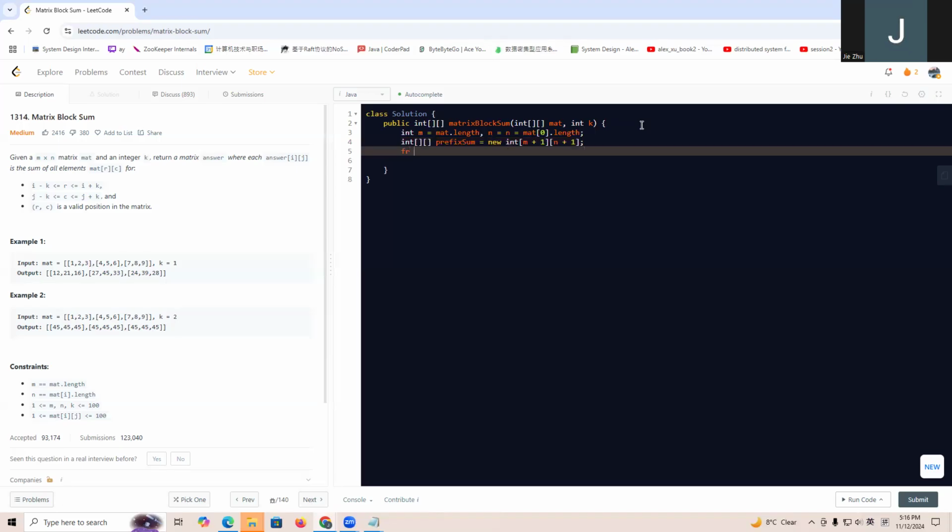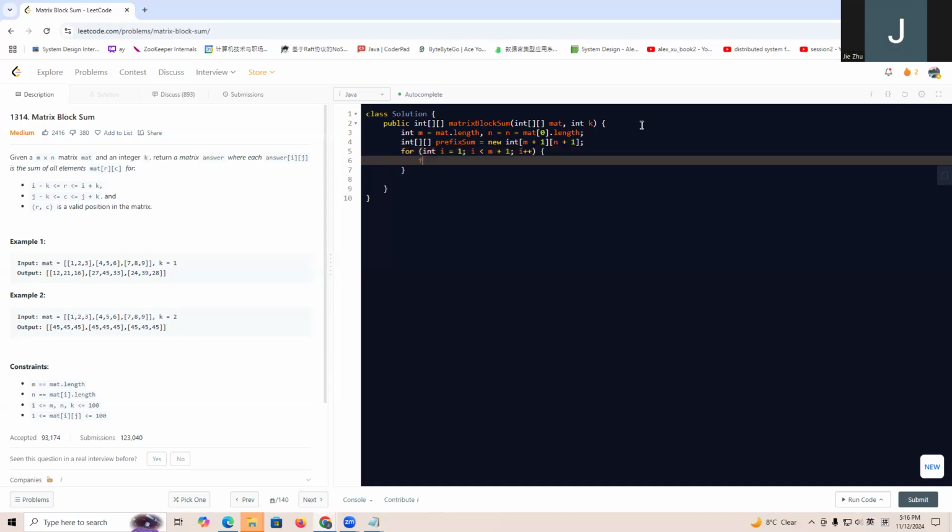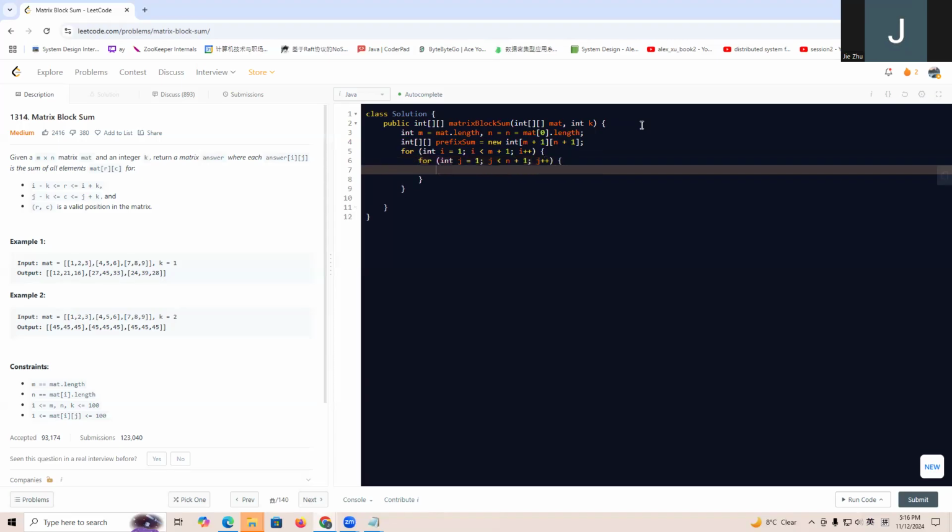So what we do is for int i equals 1, i smaller than m plus 1, i plus plus, and for int j equals 1, j smaller than n plus 1, j plus plus. So how can we calculate this prefix sum at i j?